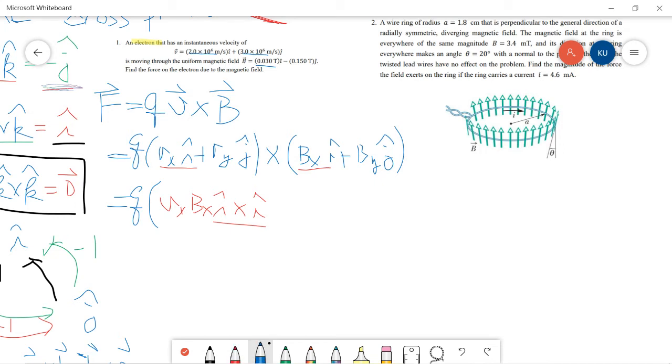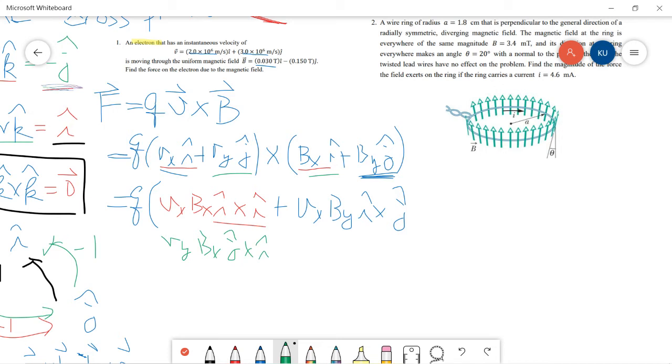And the next case, Vx I cross this one, so we have Vx By I cross J. And the next one, we have this term multiplied by this term, so we have Vy Bx J cross I. And finally, we have Vy By J cross J, which is a zero vector.